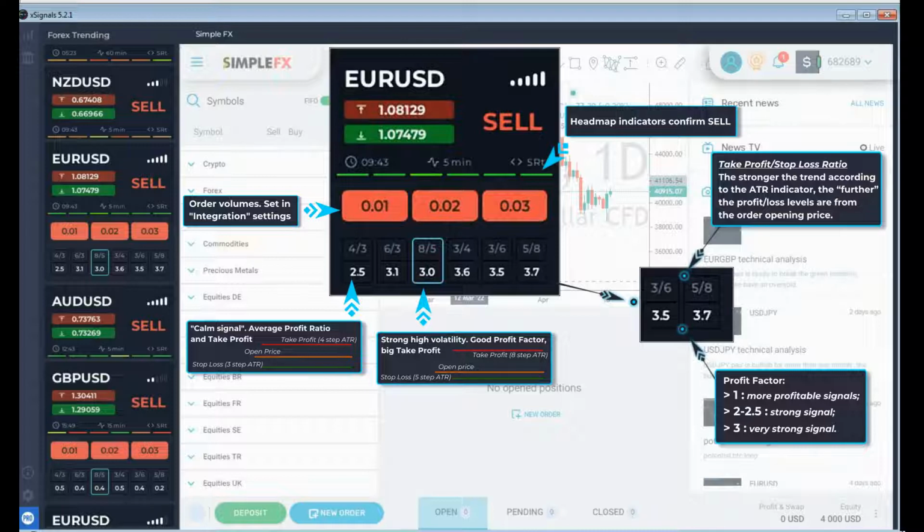If volatility is decreasing, take shorter options. When there is a strong trend, open orders with a large take profit. For medium and long-term strategies, take more stop loss, so you can wait out pullbacks and corrections.